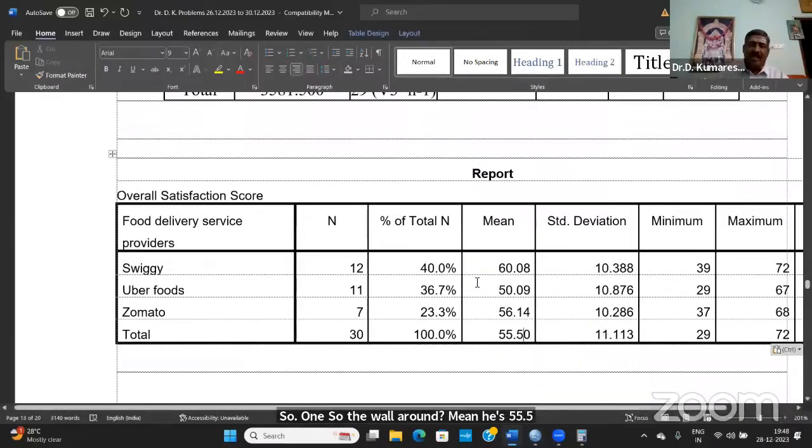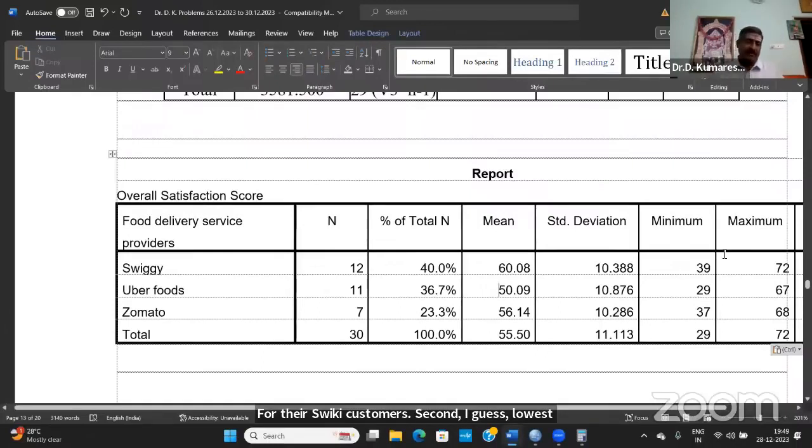But the individual average scores are different from one group to another. So the highest mean score is for the Swiggy customers. Second highest, Zomato. Lowest mean score, Uber Foods.